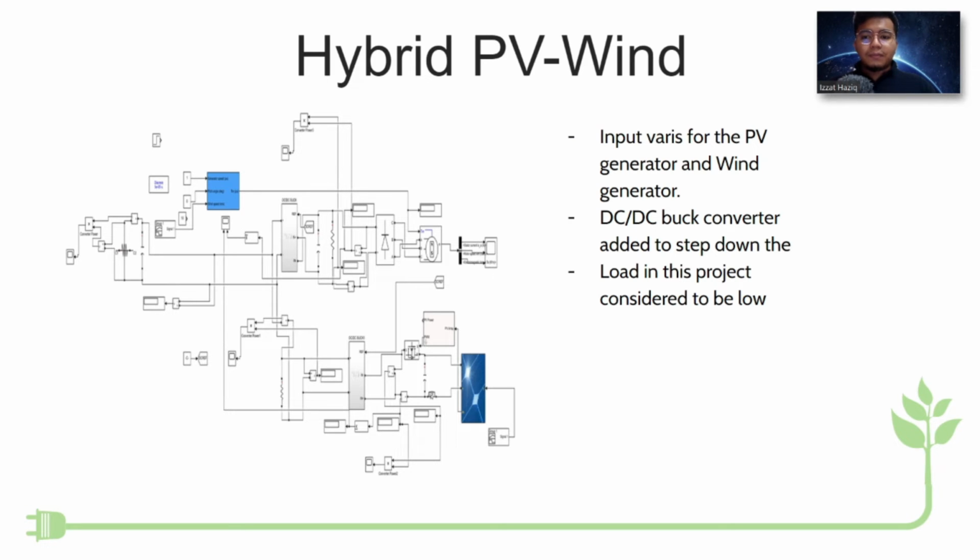And as we can see here, the PV and the wind generator share the same load, where at the left corner we can see the DC-DC buck converter at the end combined, and the load is shared, and the power of the combined hybrid PV wind is calculated at the left side here.